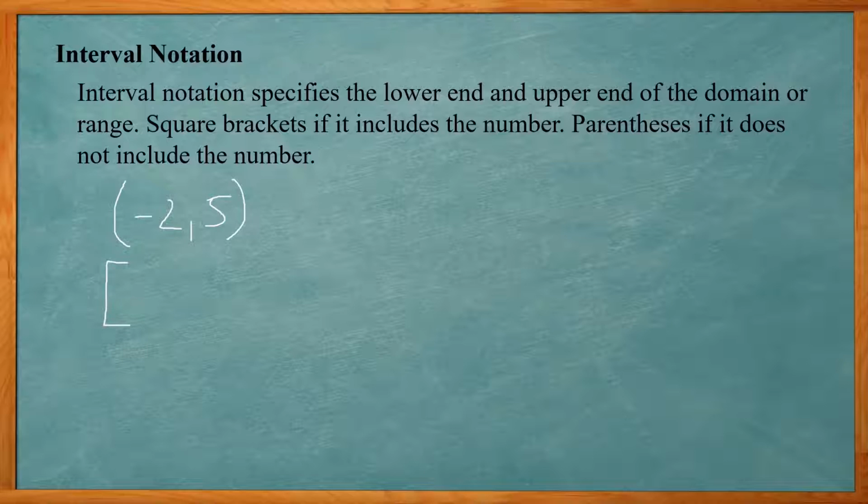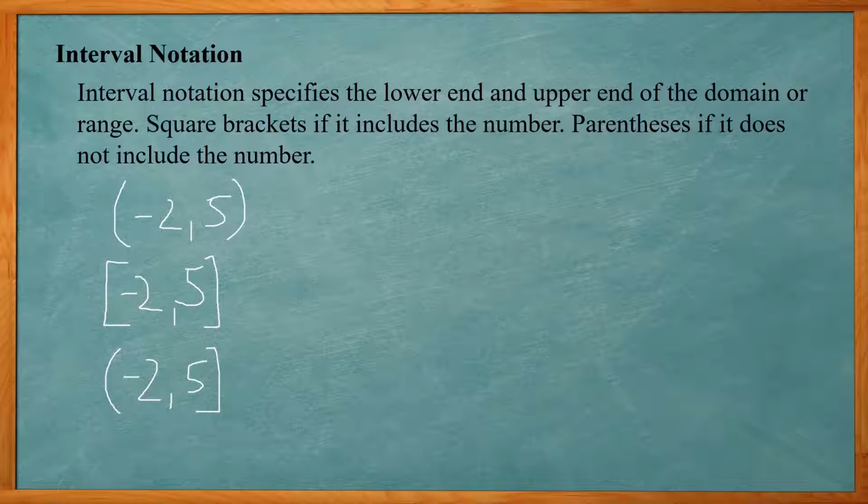If I have this, this is saying numbers between -2 and 5, including -2 and 5. This one will say numbers between -2 and 5, but not including -2, but including 5.